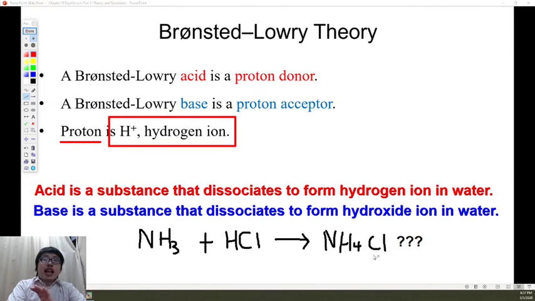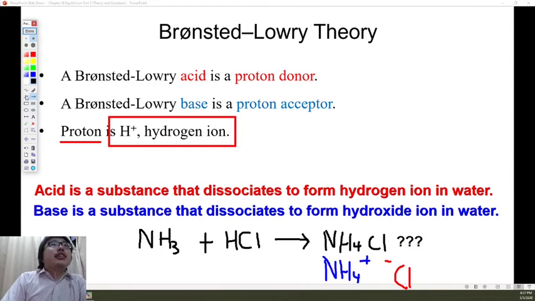So can we classify this as an acid-base reaction? We can. Why? Ammonium chloride is nothing more than NH4 plus and Cl minus.